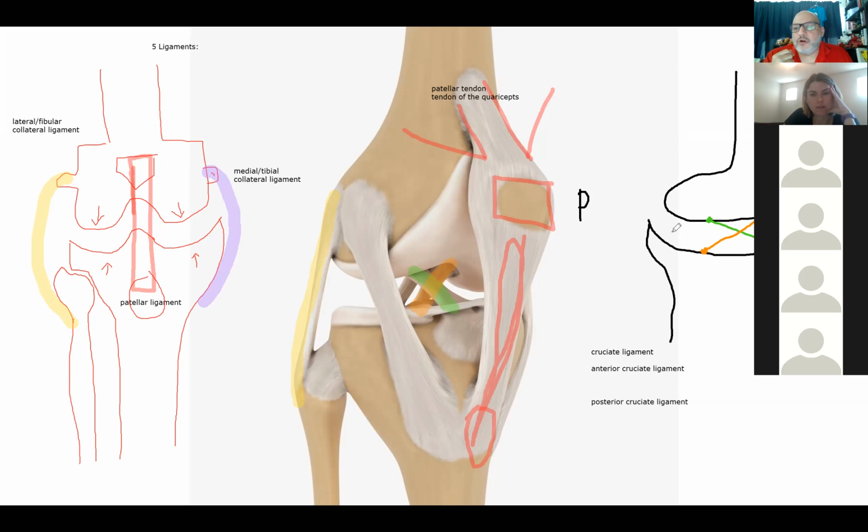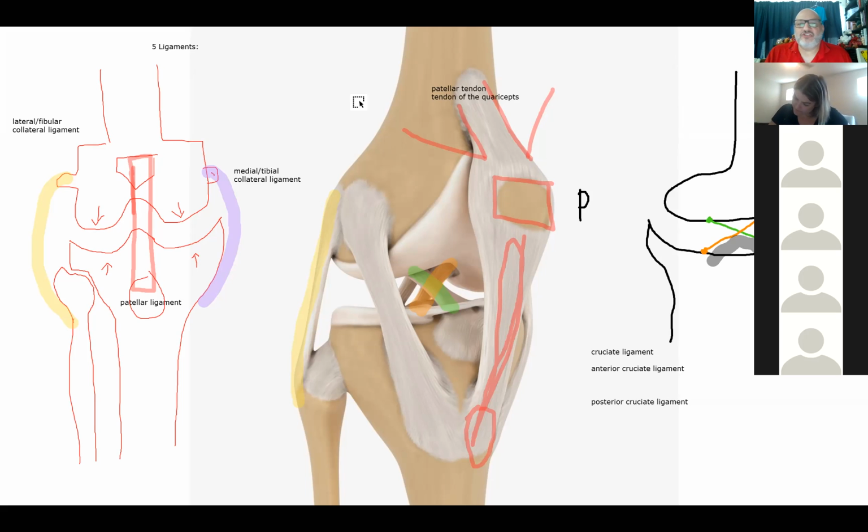But if you remember, there is a raised bump between the condyles of our tibia. What was that raised bump called again? The intercondylar eminence. Notice one of them attaches to the front of the intercondylar eminence, and one of them connects to the back of the intercondylar eminence.